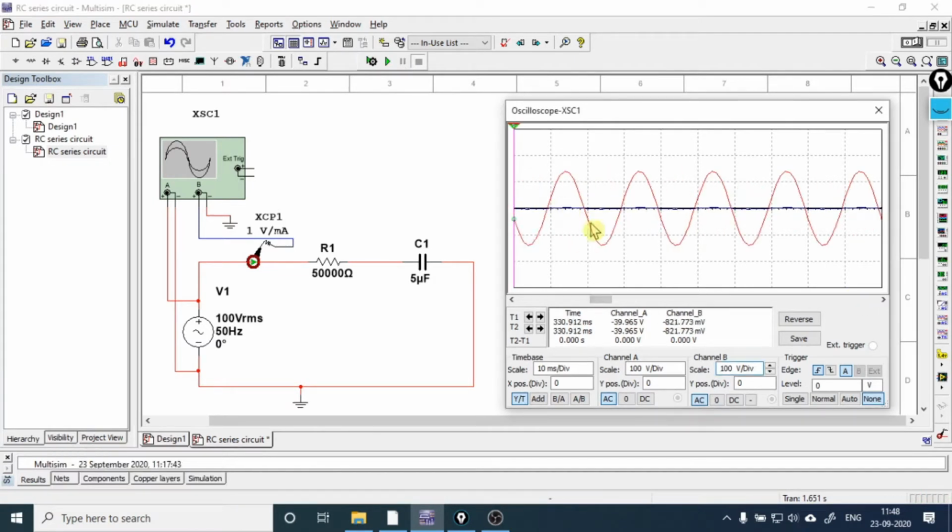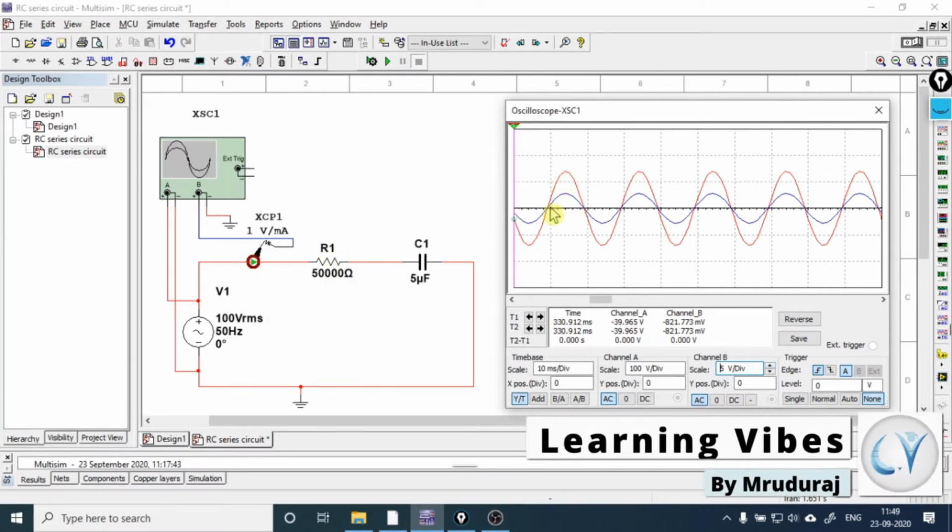The magnitude of current reduces a lot, so we'll change the scale, right? Now with this scale you can observe that when the circuit is purely resistive, the voltage and current seem to be in phase.